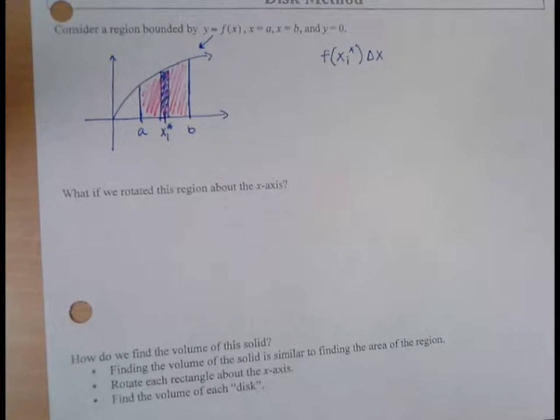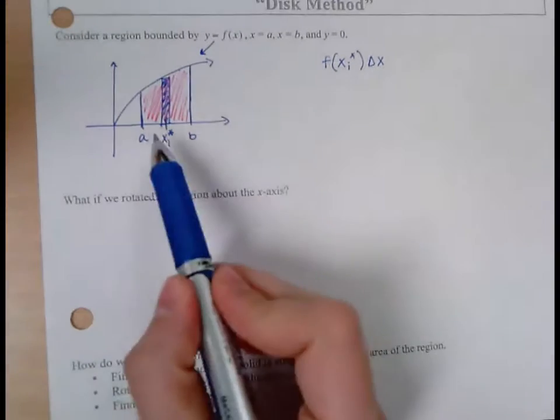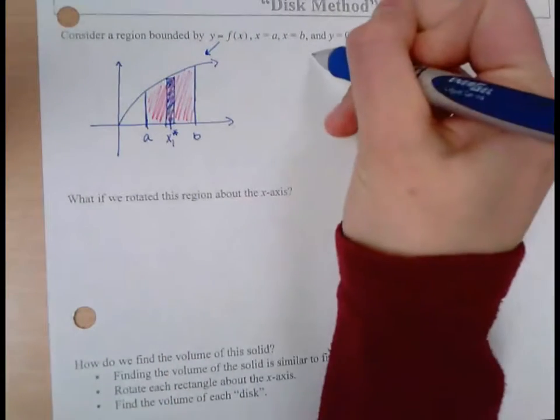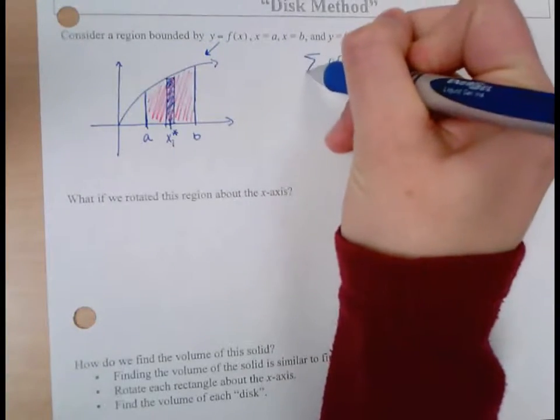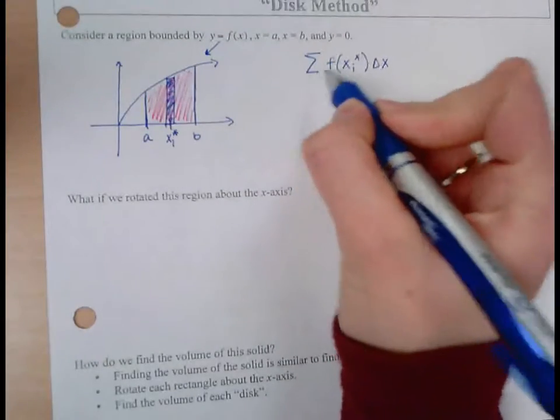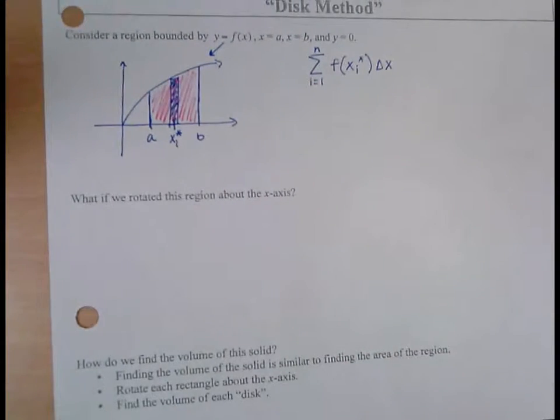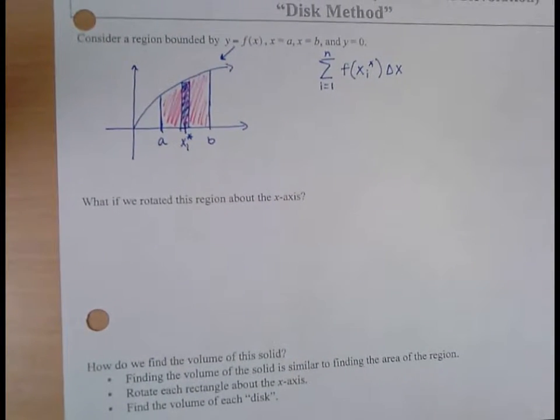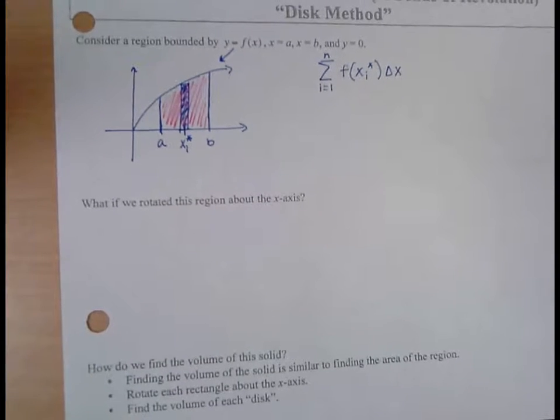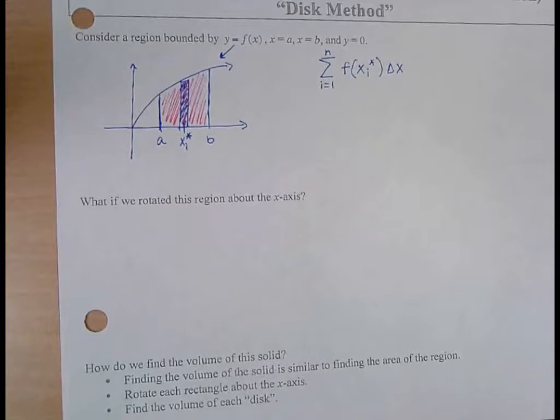And then we wanted the sum of all of the rectangles from a to b. So I'm just going to include before this our sigma notation. The sum from when i is 1 to whatever our n value is. So that was what we were using when we were just using right endpoints or left endpoints or midpoints.